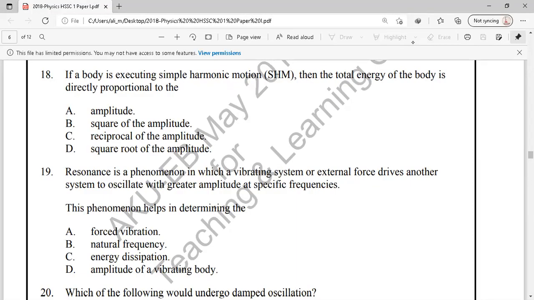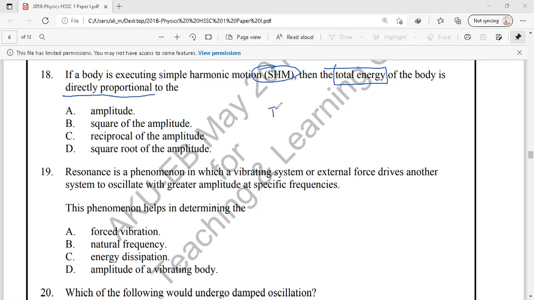Question number 18. If a body executing simple harmonic motion SHM, the total energy of the body is directly proportional to which of the following factors?